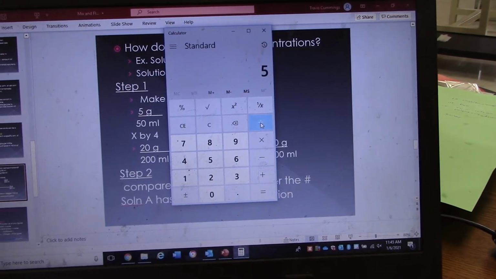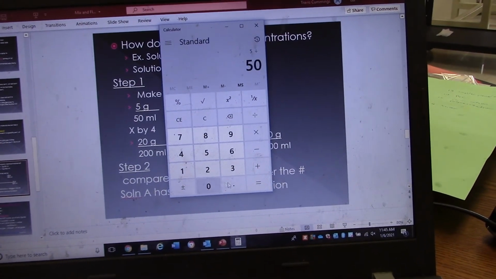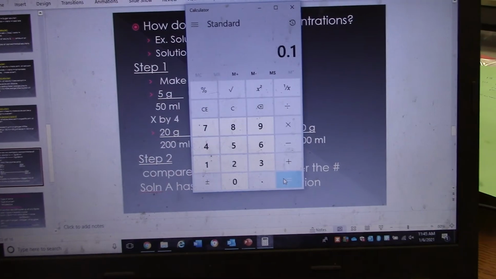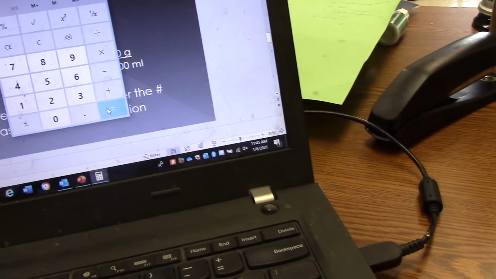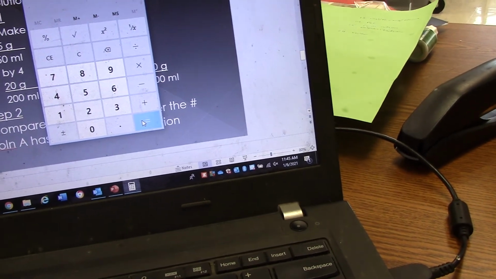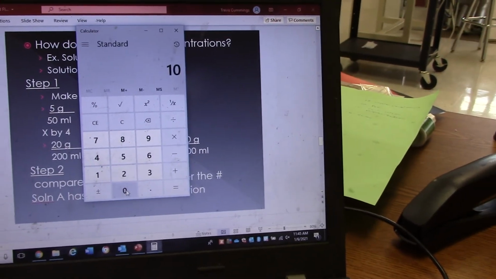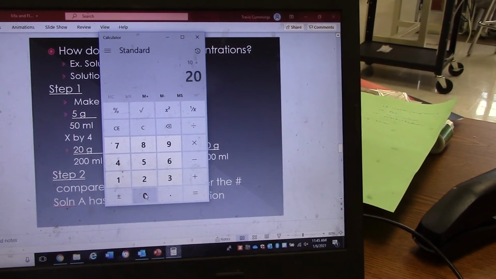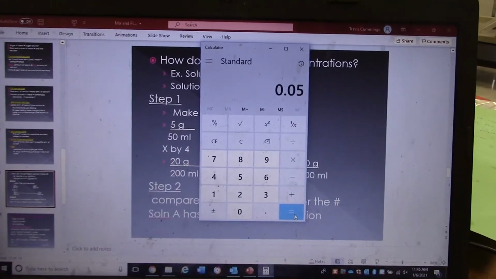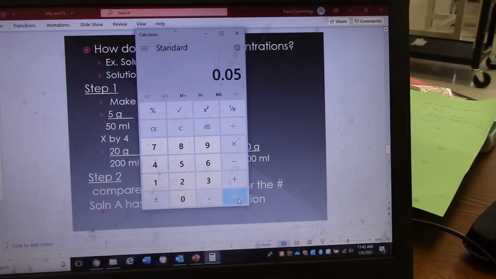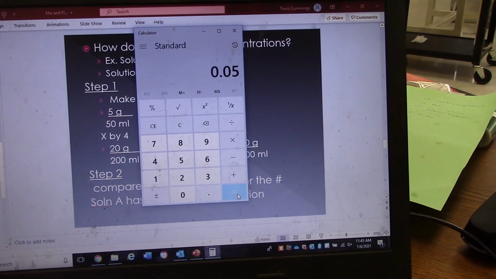5 divided by 50, so I have 0.1 grams per milliliter for solution 1. And the other solution is 0.05 grams per milliliter.